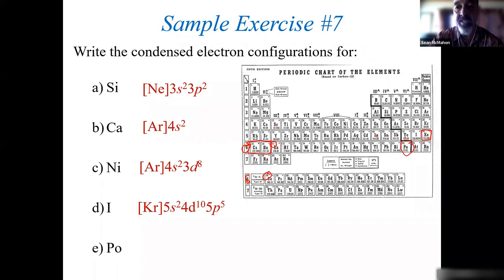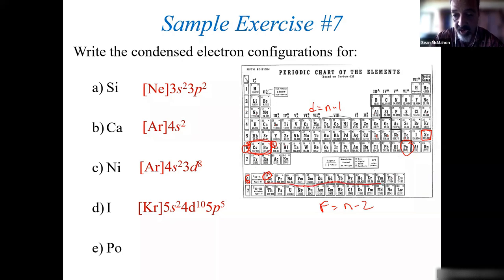But remember, the D block is 1 behind the period. The F block is 2 behind the period. So to get to polonium, which is over here, I would go 6s2.